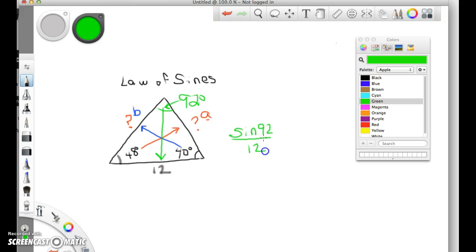It's like a proportion: whatever this is divided by 12 will be the same as the blue one, the sine of 40, excuse me, over b. Notice how the variable is in the bottom. I don't like it to be in the bottom. We want it to be on top.